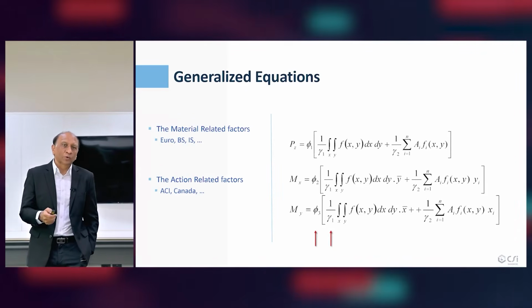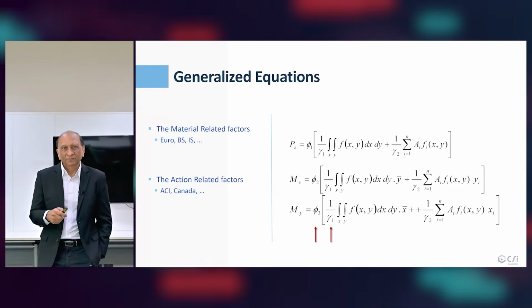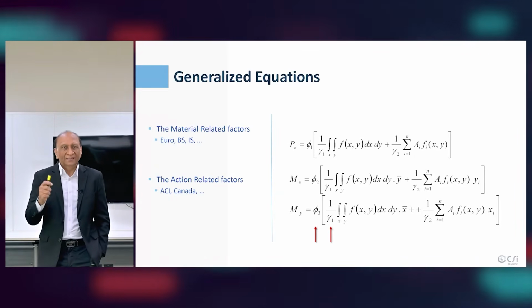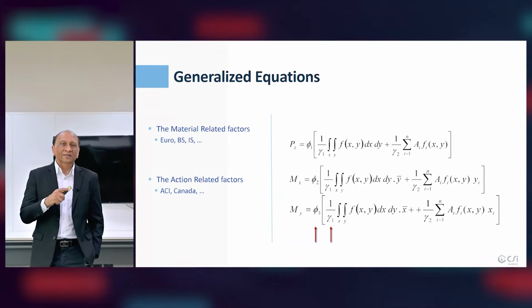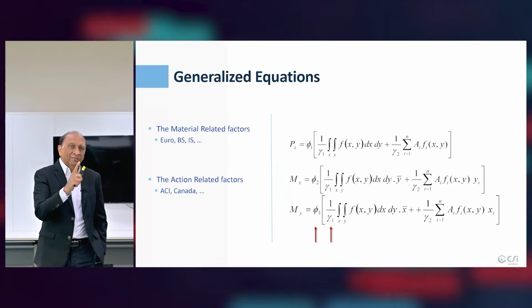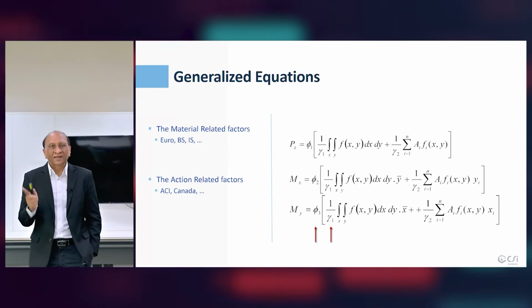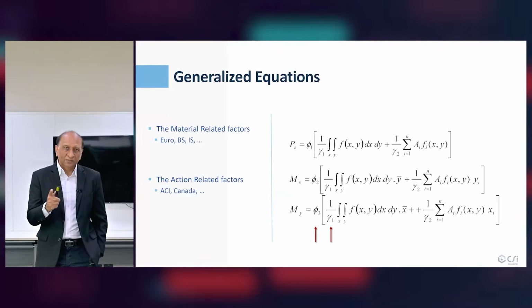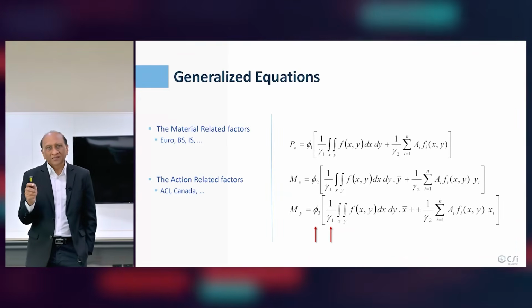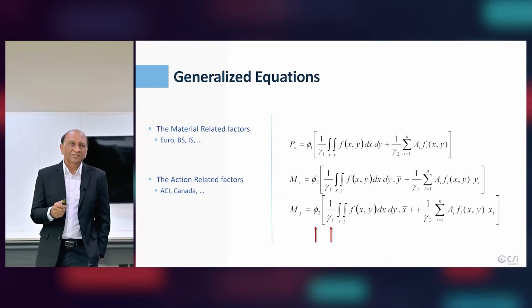If we include both these factors in the equation, then the equations that we developed earlier become universal, and they can be modified to handle any design code, either by modifying the material components or by modifying the entire resultant. So the codes will use any of these to modify these capacities.